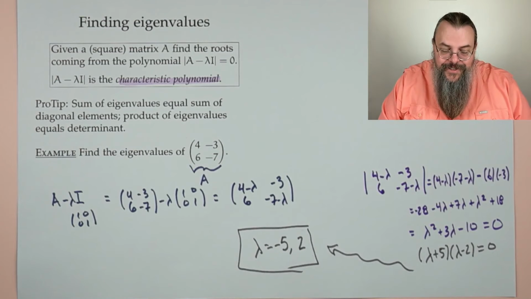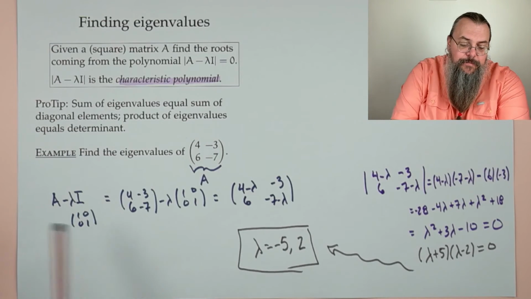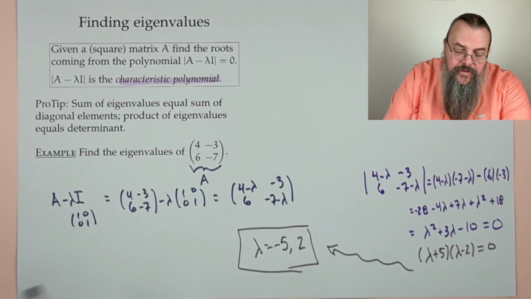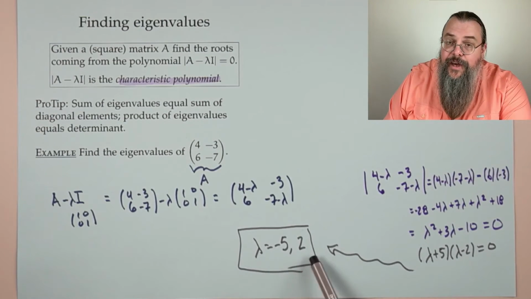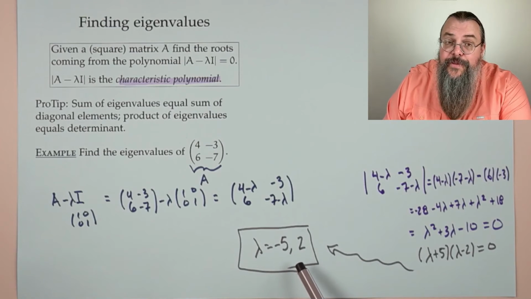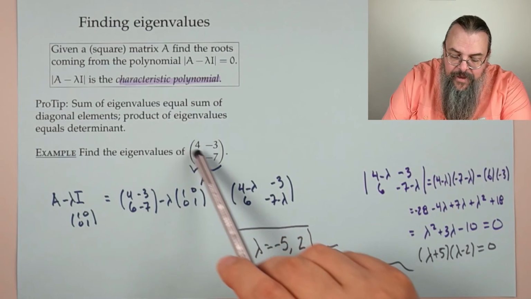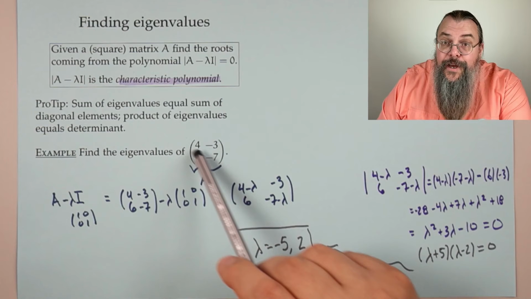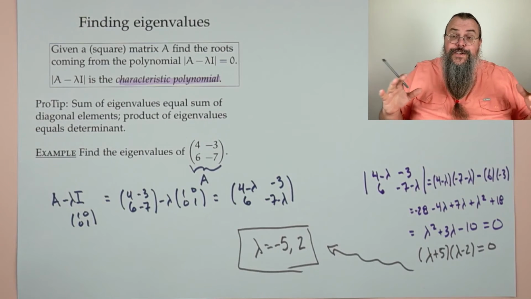Good, good. Now, there's a tip here that says you can actually check a couple of things. If you add these together, negative 5 plus 2 is what? It's negative 3. That's the same as the sum on the diagonal. Well, 4 plus negative 7, negative 3. Coincidence?